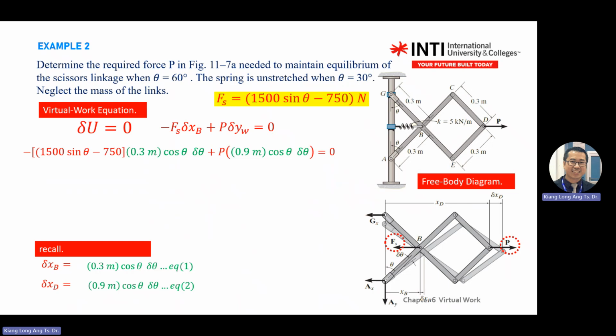XP? Where got XP? XD, yeah. Okay, so typo error. Not delta Y, it's a typo error. I forgot to change it. But you understand the principle, how the calculation works.